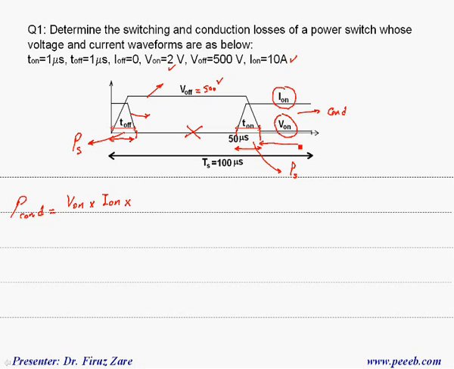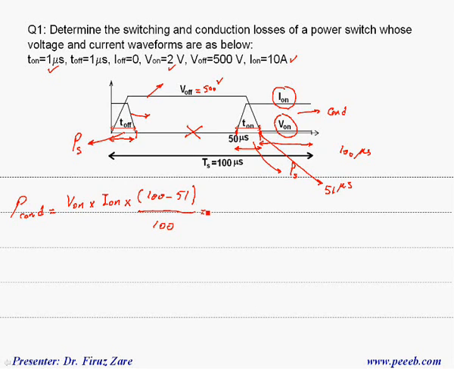So if one cycle is 100 microsecond, and this point is 50 microsecond, then this point is 50 microsecond plus t on, where t on is 1 microsecond. That means this time is 51 microsecond. So the time that the switch is in on state is 100 minus 51 microsecond over Ts, which is 100 microsecond.